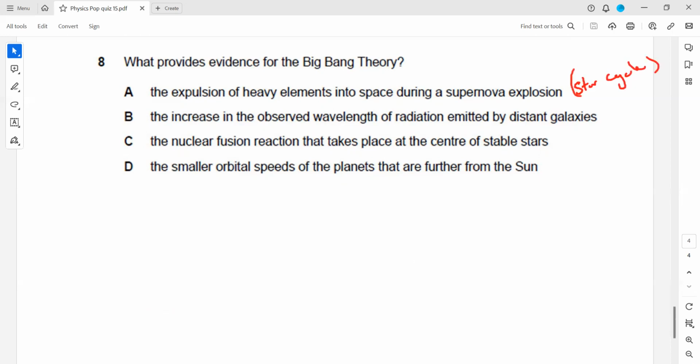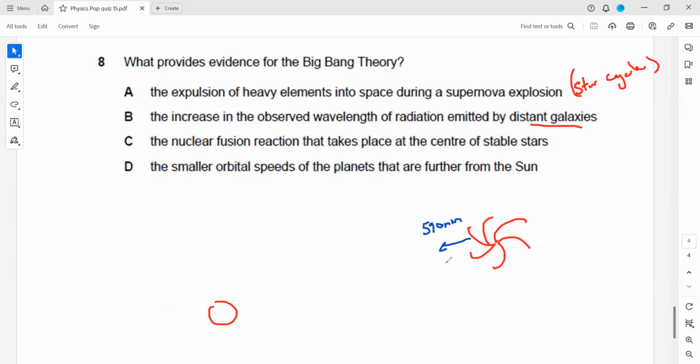The increase in observed wavelength of radiation emitted from distant galaxies. Those galaxies which are far from us, when we observe them, we find that a galaxy might emit a wavelength of, for example, 590 nanometers.